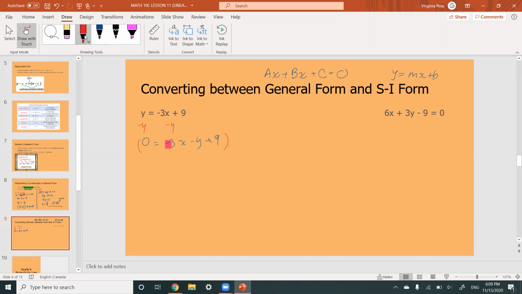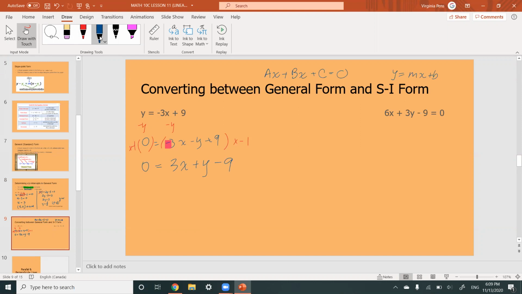Multiply both sides by -1. And 0 times -1 is still 0, so that doesn't change the left side. But on the right side, all of these signs flip. So the negative becomes a positive 3x, the -y becomes positive y, and the positive 9 becomes negative.